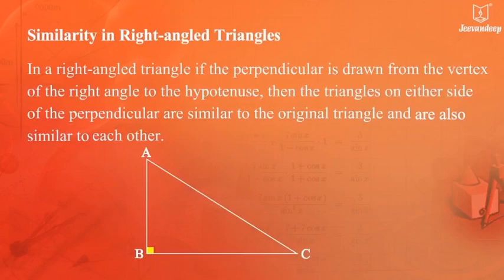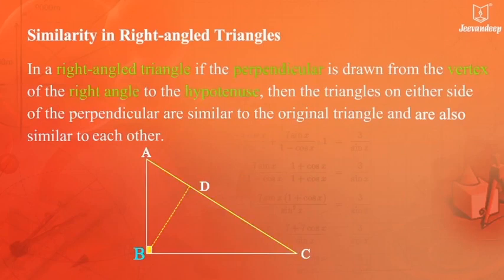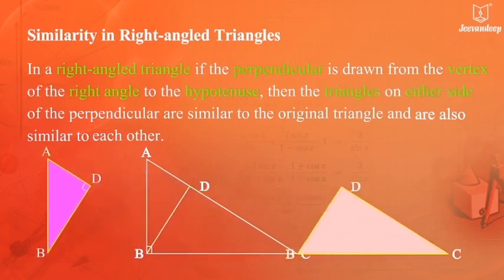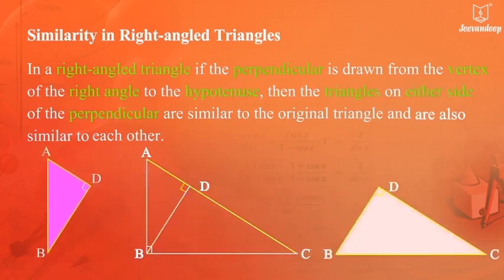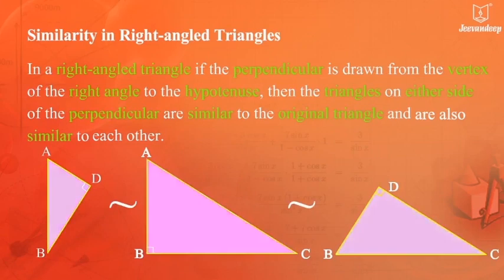Similarity in right-angled triangles. In a right-angled triangle, if the perpendicular is drawn from the vertex of the right angle to the hypotenuse, then the triangles on either side of the perpendicular are similar to the original triangle and are also similar to each other.